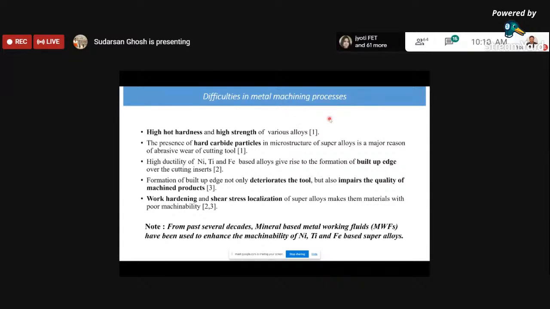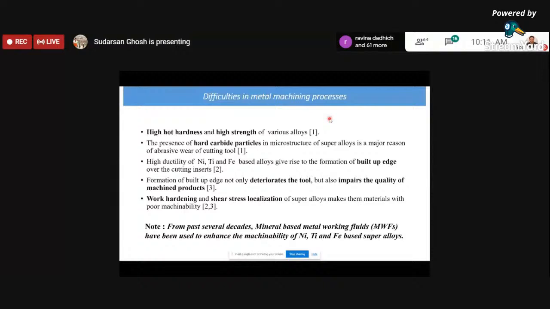For common materials like mild steel, the machining is not difficult at all, right? There is no issue. Everything will go very smoothly. The material will get removed from the workpiece, and we will get the desired shape and form of the product.